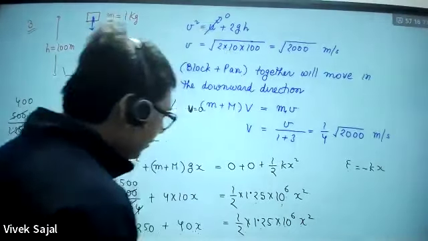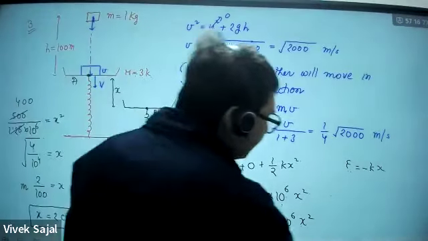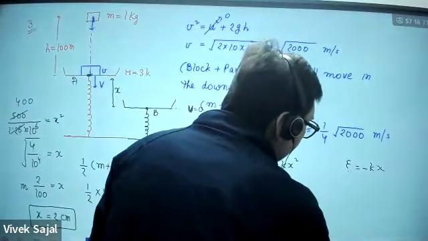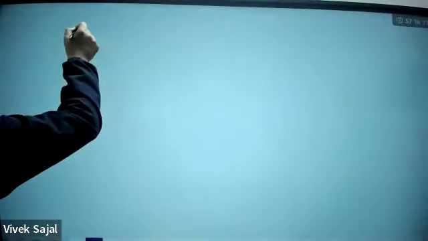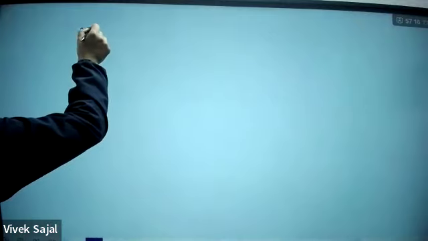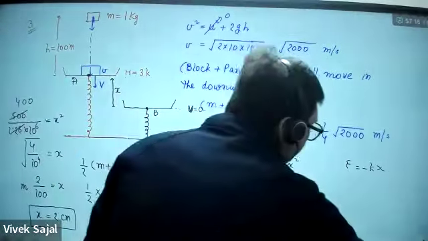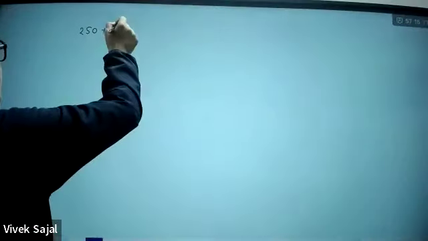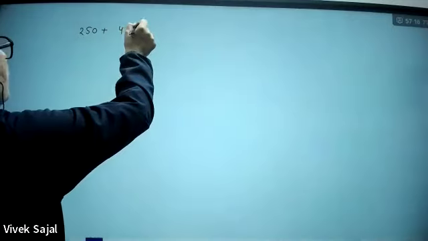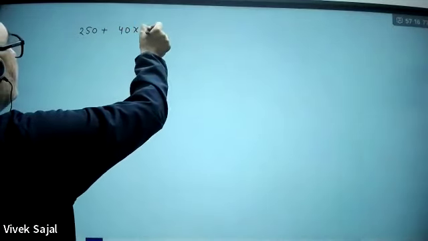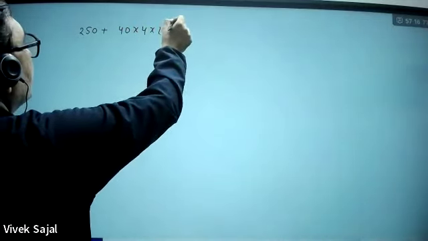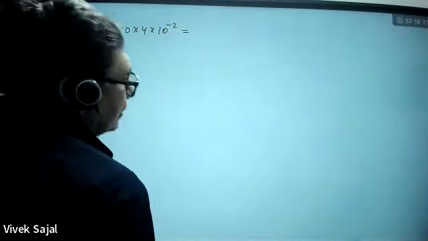So I will try to show you this is 250. On the next page, I will show you what I am doing. 250 plus, what is this? This is 40 into, suppose 4 centimeter is the answer. So this will be 40 into 4 into 10 to the power minus 2. Okay.